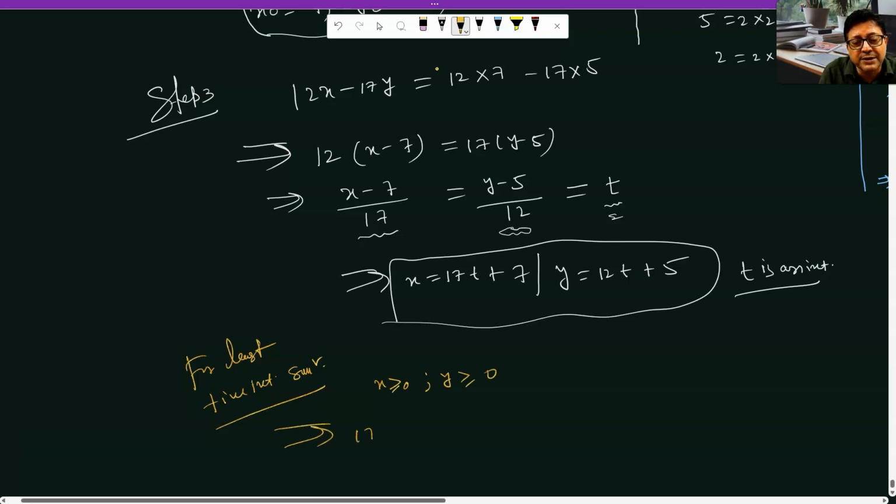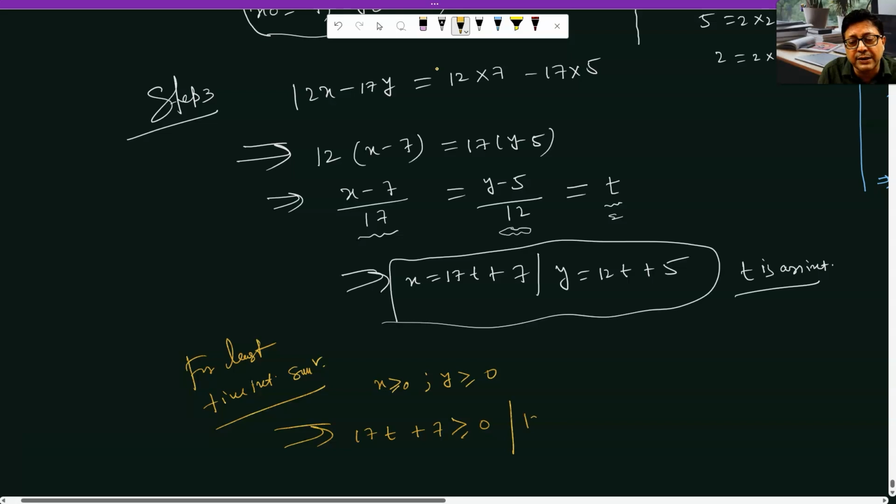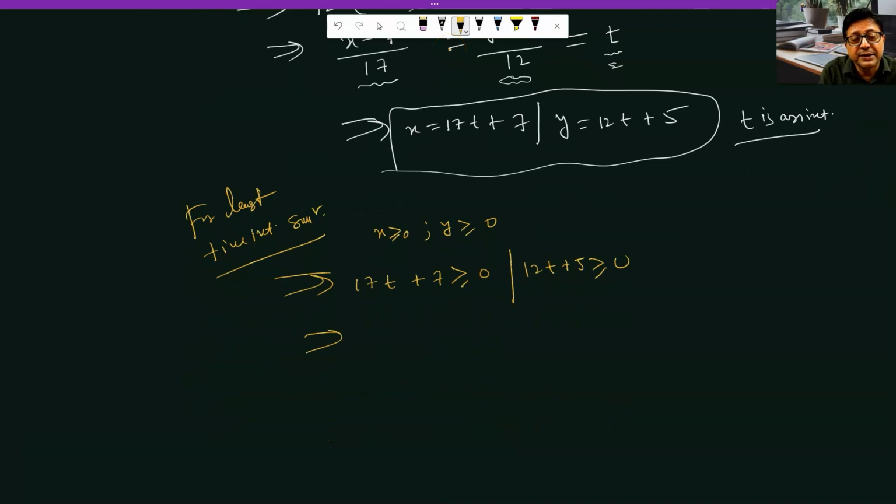This implies 17t plus 7 greater than or equal to 0 and 12t plus 5 greater than or equal to 0. What does this imply? This implies that t is greater than or equal to minus 7 by 17, and here t is greater than or equal to minus 5 by 12.